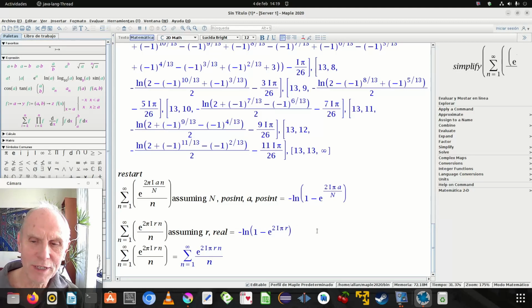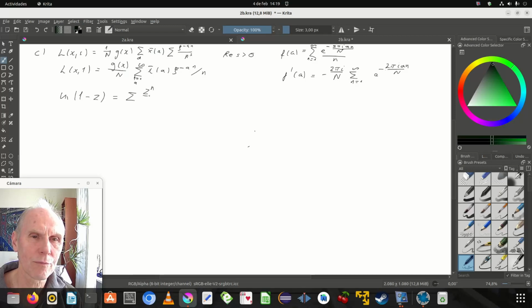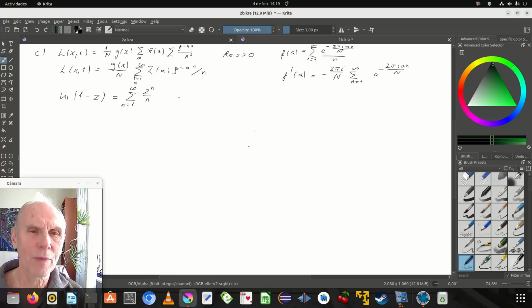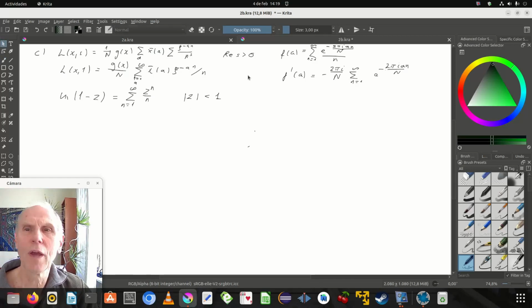Finally, it dawned upon me that what was happening here was the series expansion. Its radius of convergence is unity, so it converges absolutely if the modulus of z is less than unity. By the way, I just corrected the mistakes I made here.